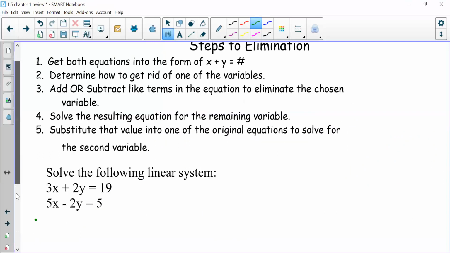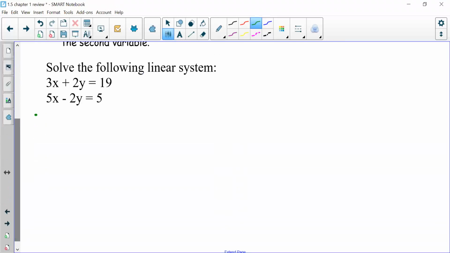So looking at this, are they in the same format? Is one coefficient already the same? Yeah, 2y and 2y. Now I just have to make sure, do they have opposite signs? Yes. So I can immediately add because they have opposite signs. So what does this simplify to?